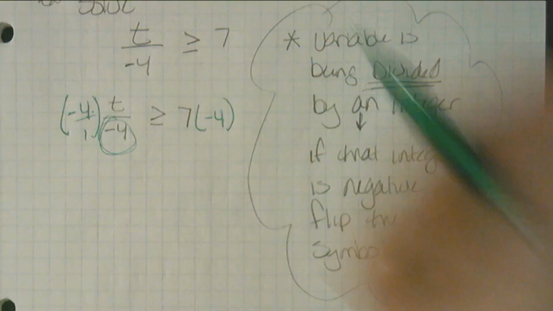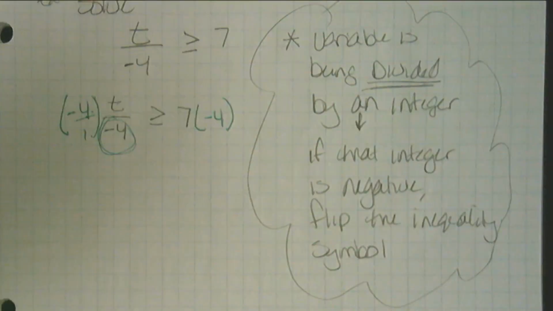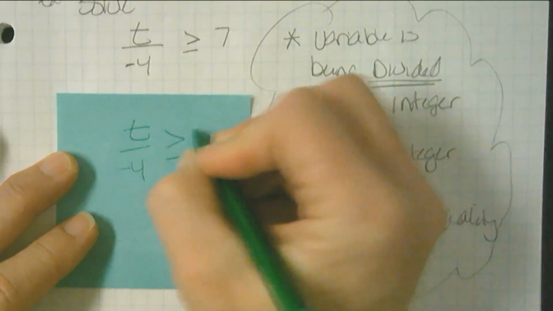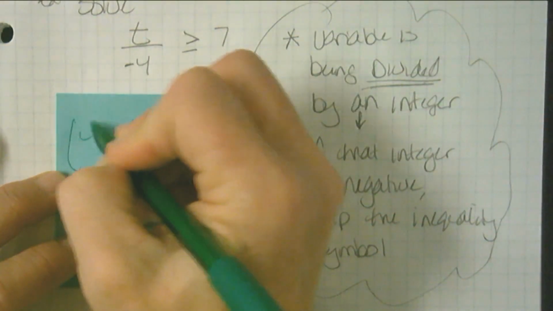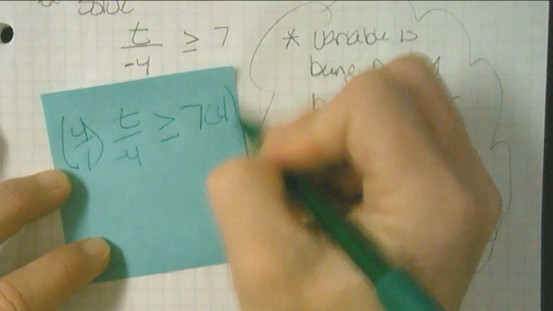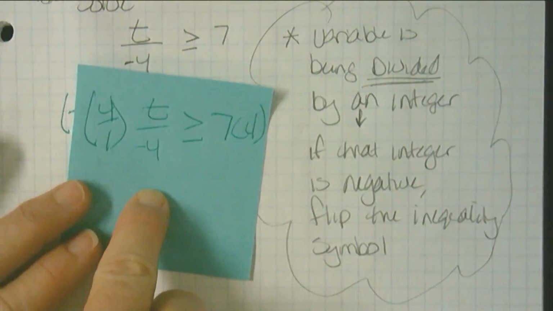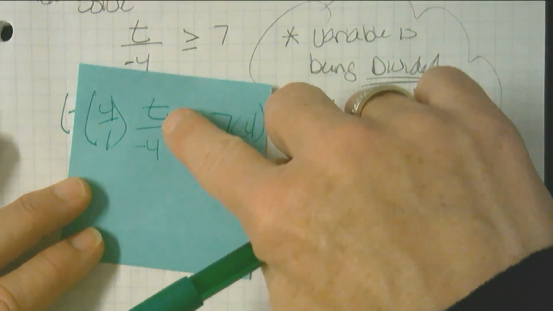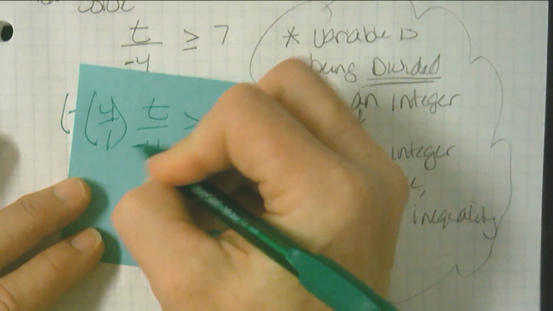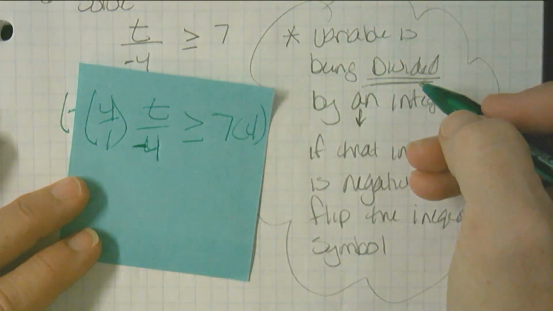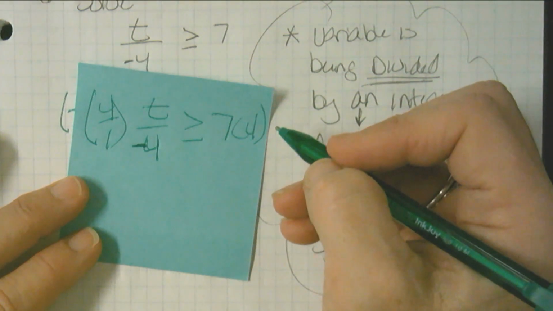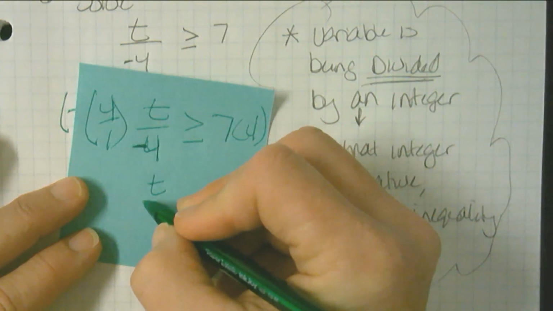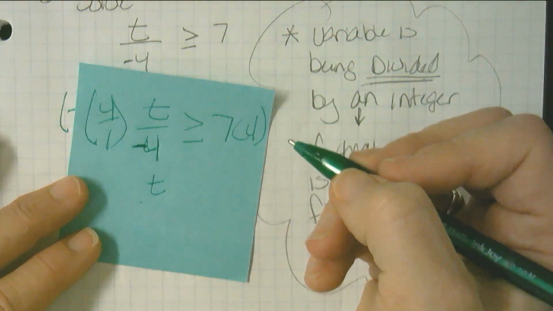Our goal is to get a 1t. If I had t over negative 4 is greater than or equal to 7, and I multiplied both sides by 4, what do I get on this left side? If I multiply both sides by a positive 4, what am I left with on the left side? So my 4's divide out.